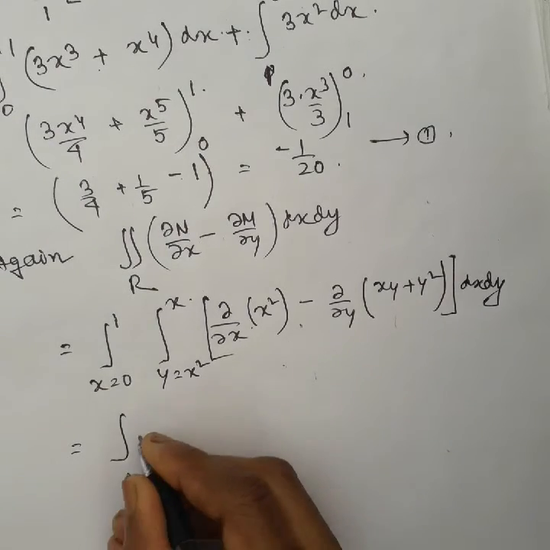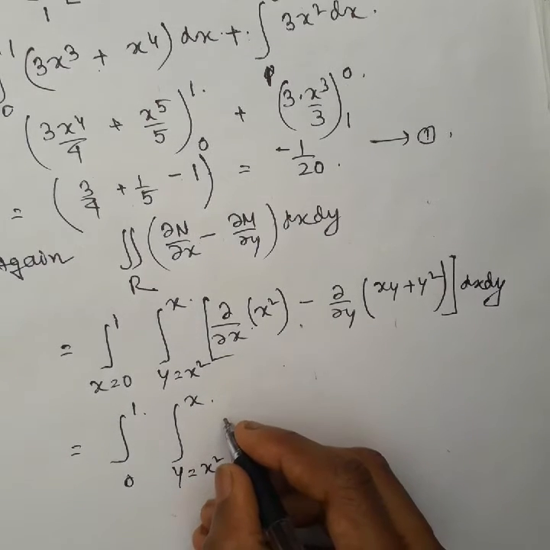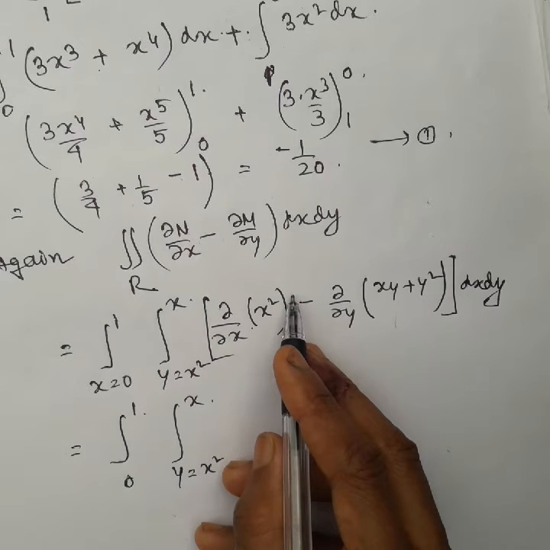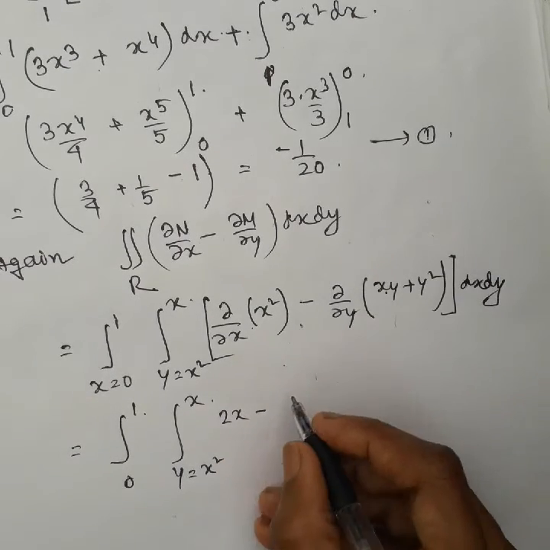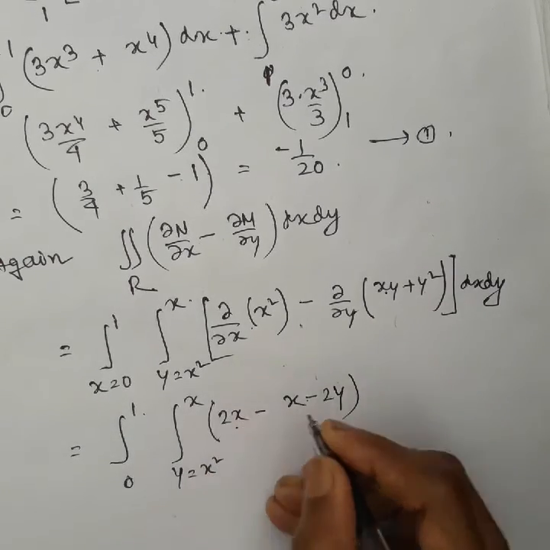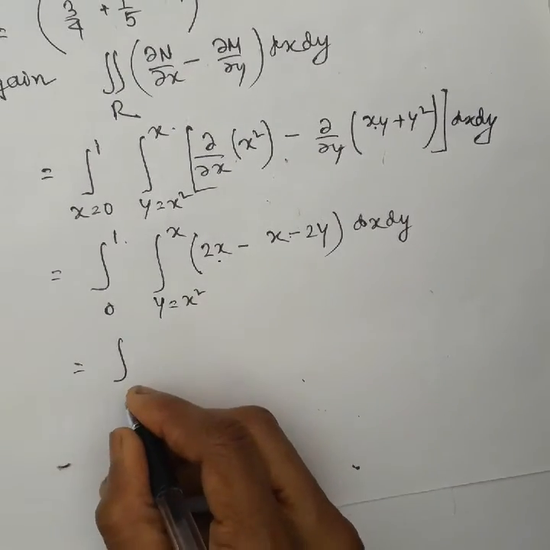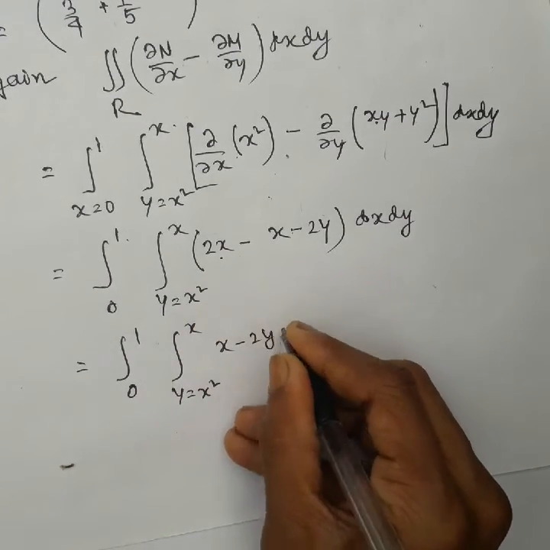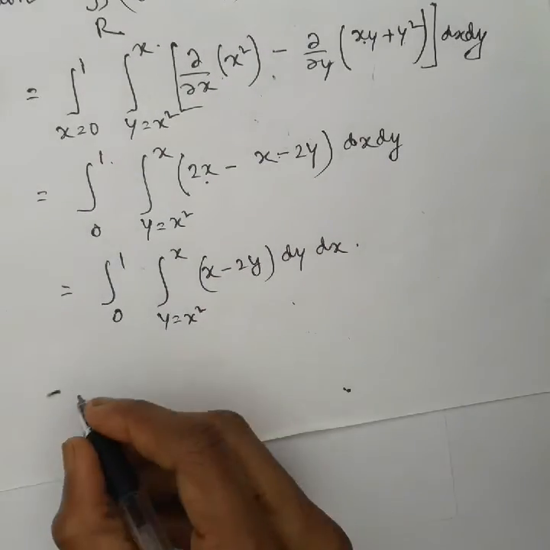So it is 2x minus x minus 2y, dx dy. First we integrate with respect to y, then x.